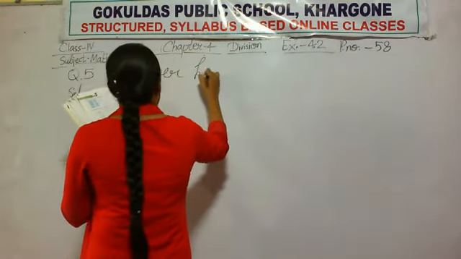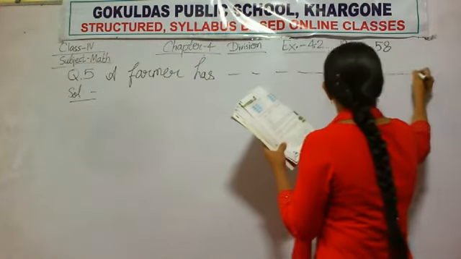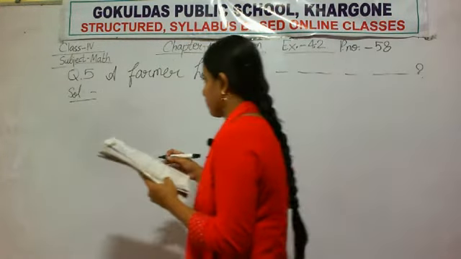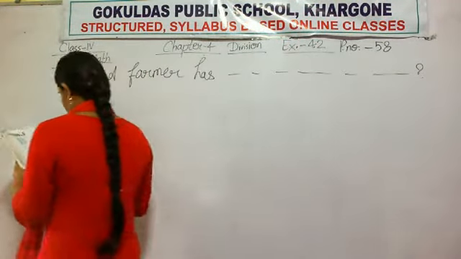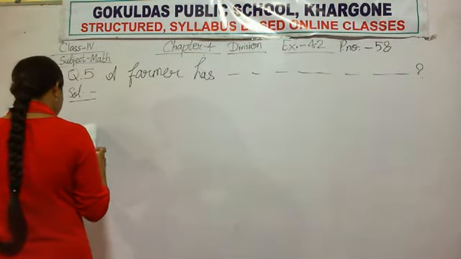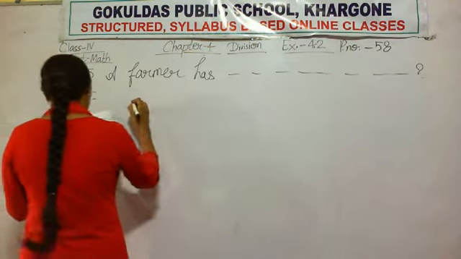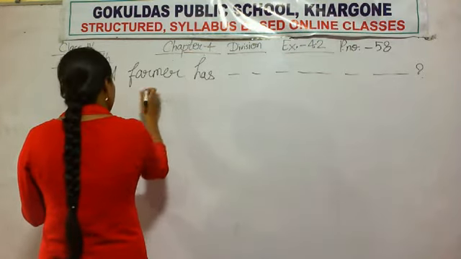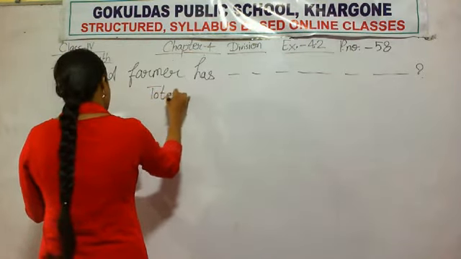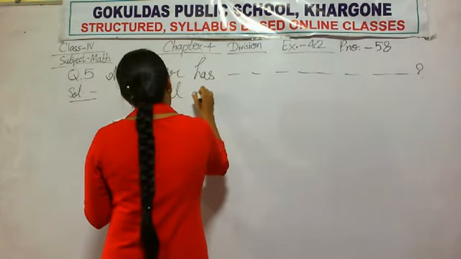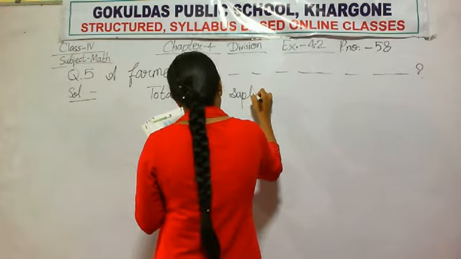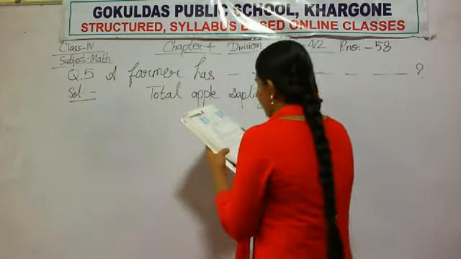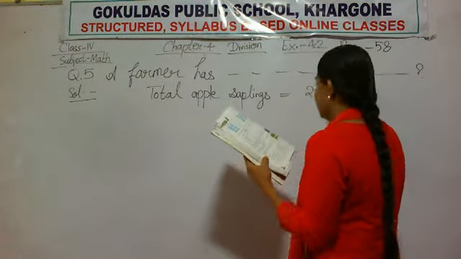A farmer has 220 apple saplings. Total apple saplings are 220, right?